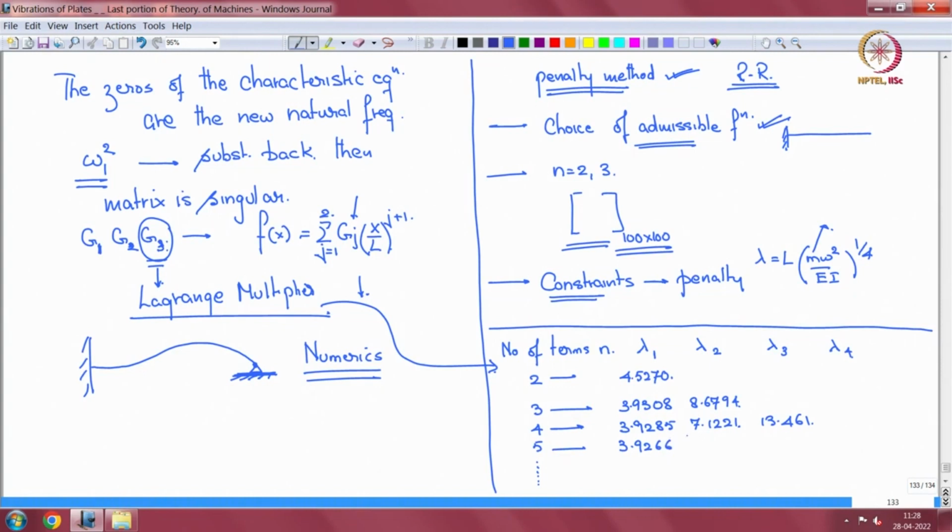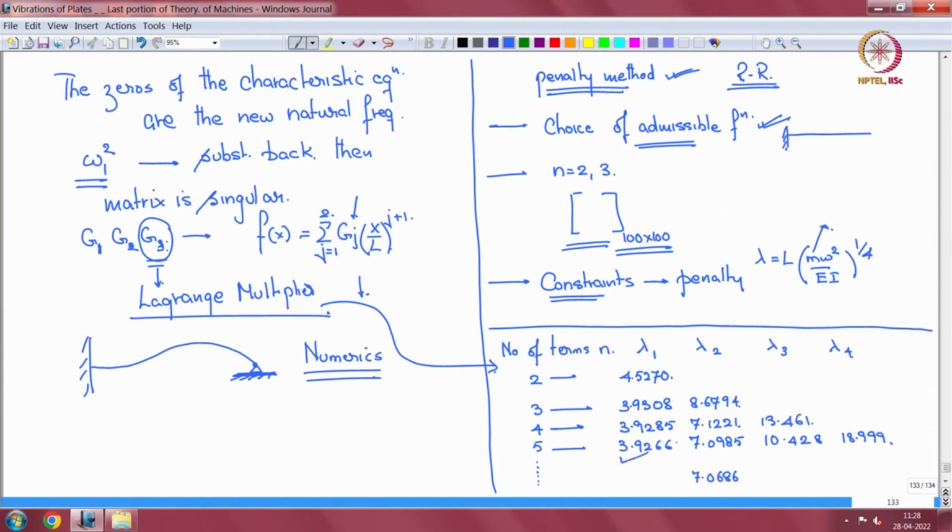3.9266 and 7.0985 and 10.428 and 18.999. And if you proceed, you will start converging on the other value 7.0686.